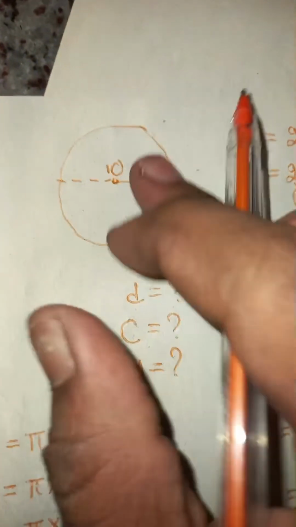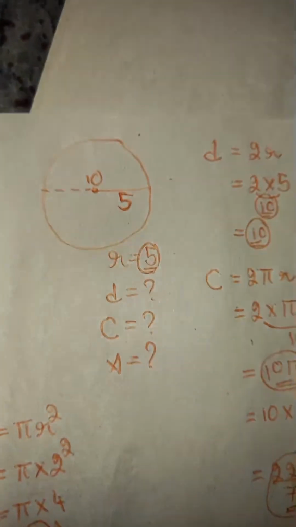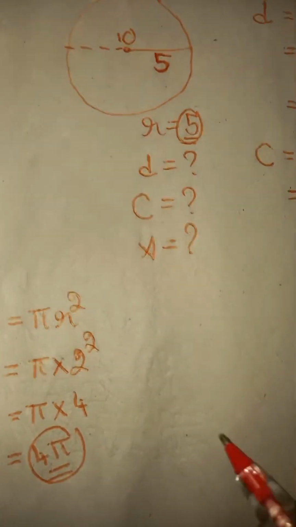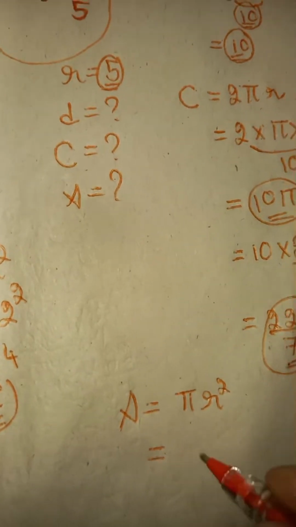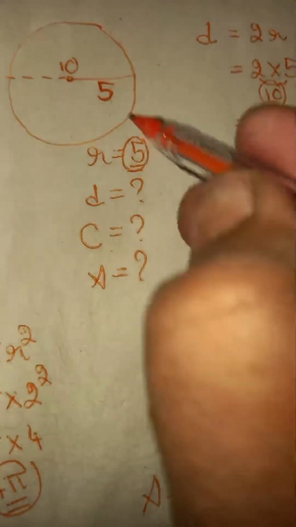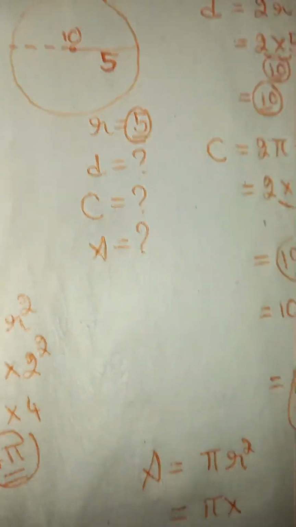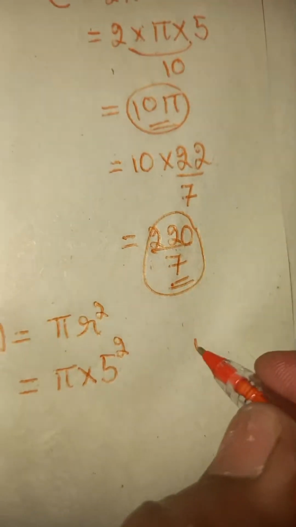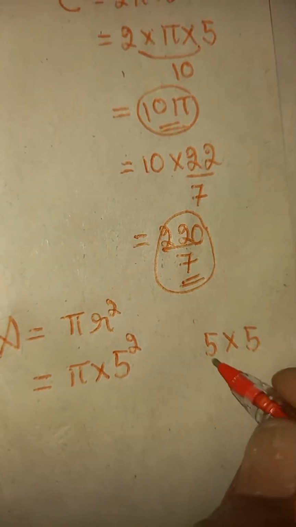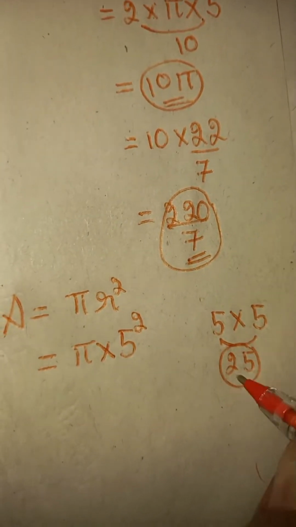Let's find out area. That is the space this circle occupies. Now you can write area of the circle as pi r square. This is going to become pi times of 5 square, where the radius is 5 units. 5 square means you can write it as 5 times of 5. 5 times of 5 becomes 25.